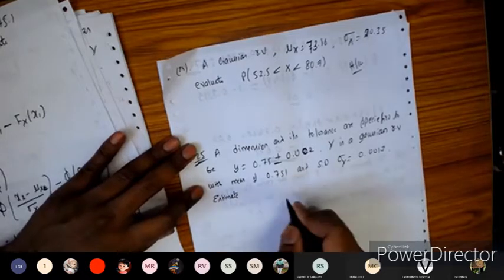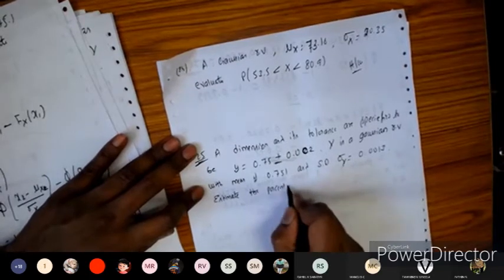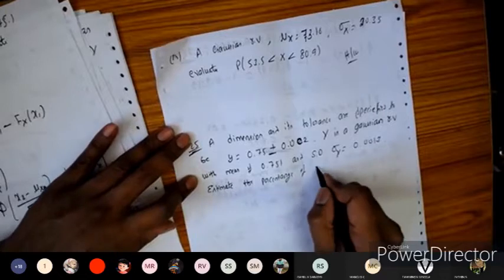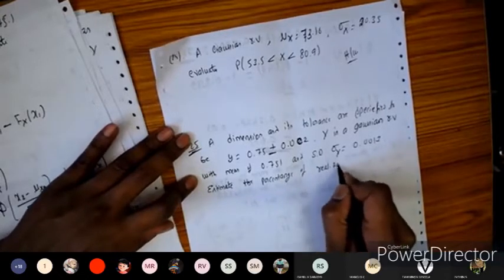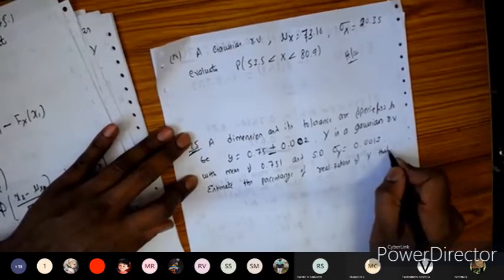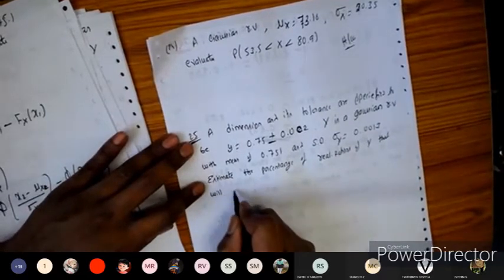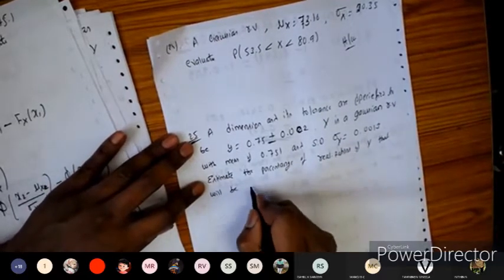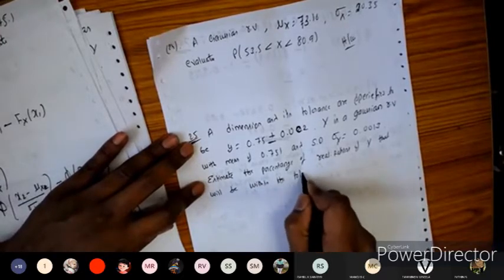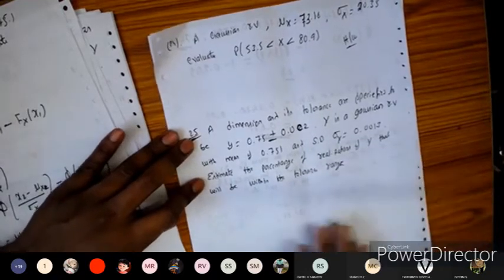Estimate the percentage of realizations of y that will be within the tolerance range.